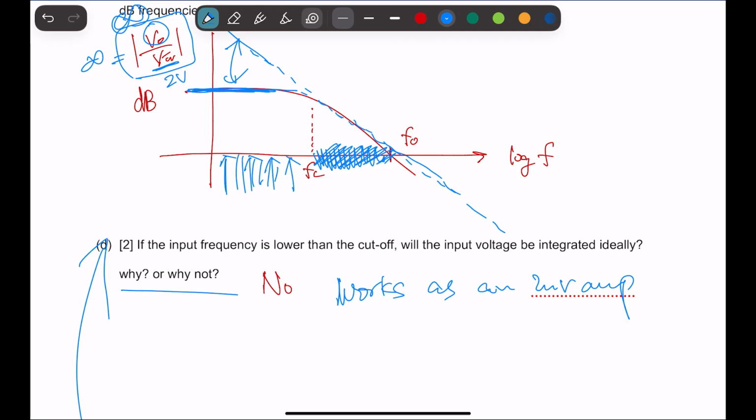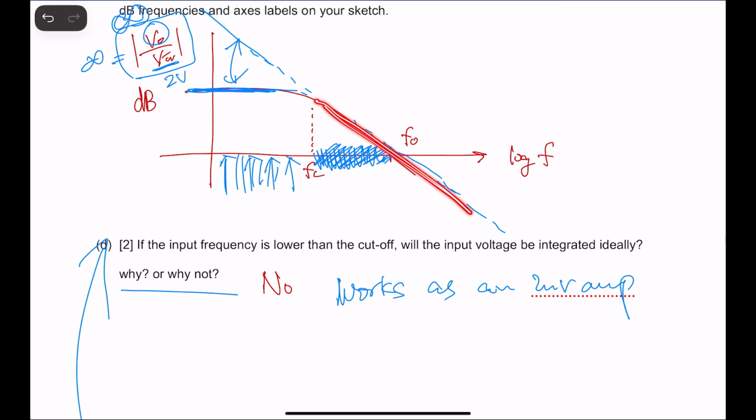We want to have it in this range, so that your practical response is the same as the ideal case.